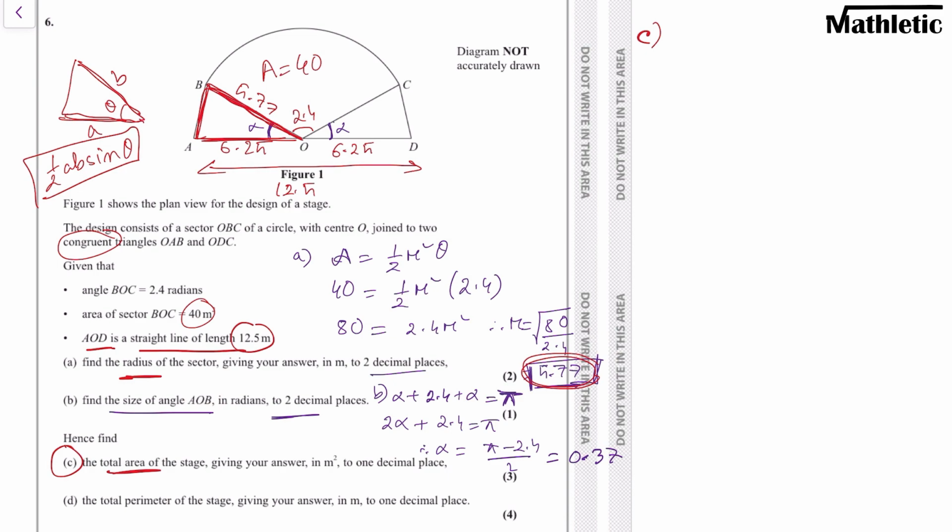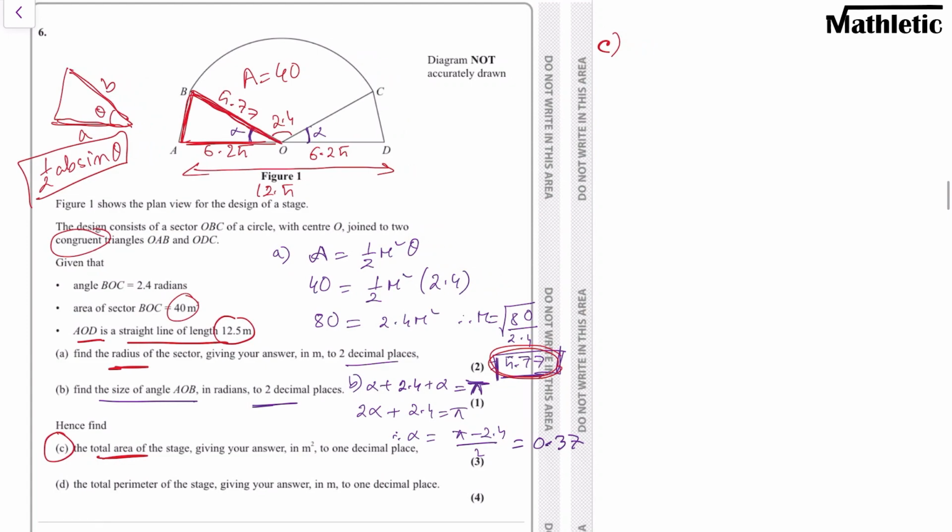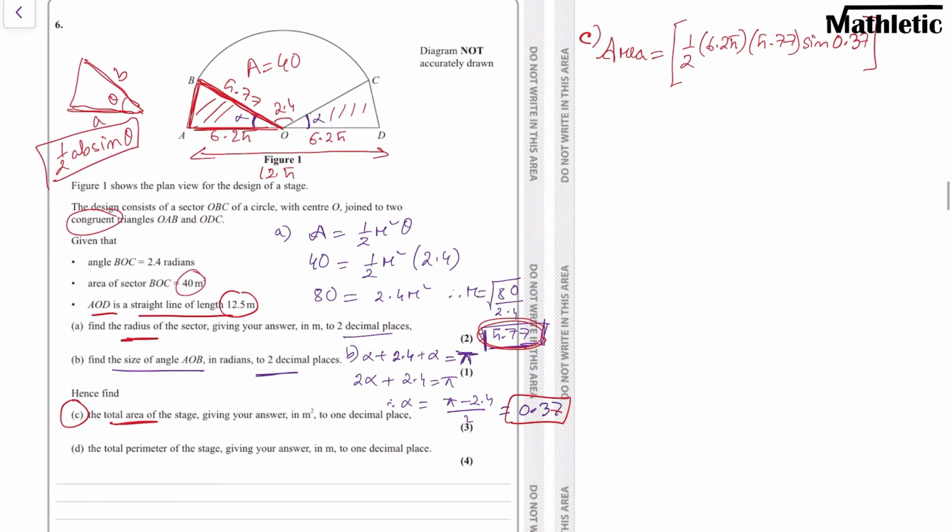So I will just calculate the area. So half into 6.25, 5.77 into sine alpha. Alpha is what? Alpha is 0.37. So since these two triangles are identical, I will just multiply the whole thing by 2. So this gives us the sum of the two triangle areas, plus at the middle you have the sector area, which is given, 40.